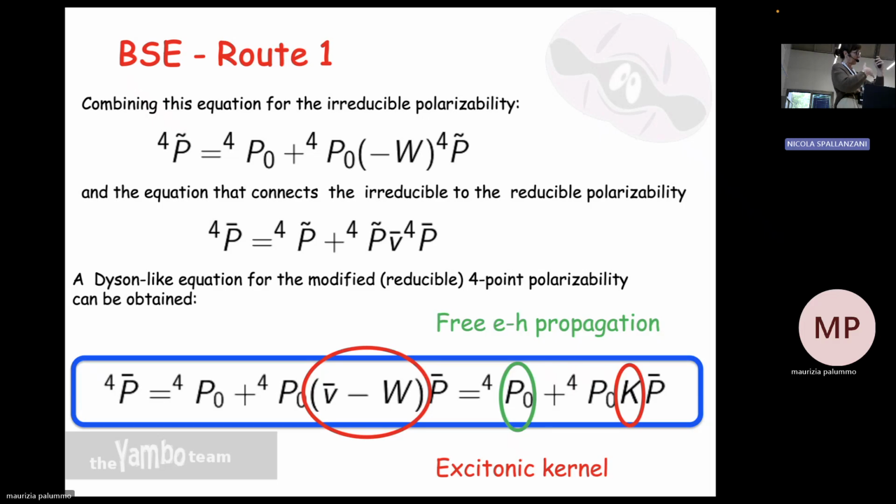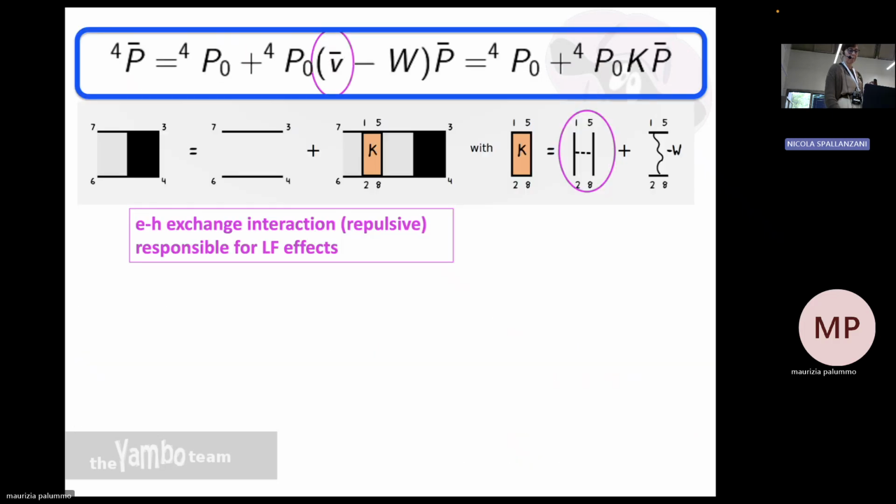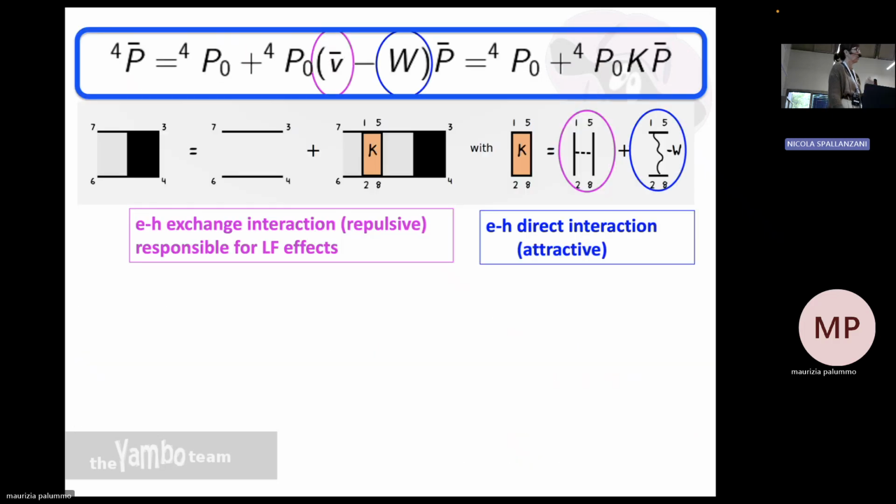Minus W means that the electron and hole want to stay bound, in some sense, and can create an exciton. The first one is what we call the electron-hole exchange. It is repulsive, and since we include V bar, we naturally include local field effects, while the other is attractive.